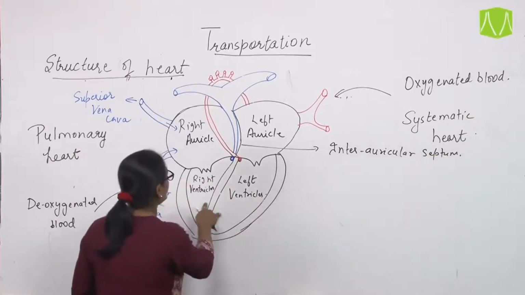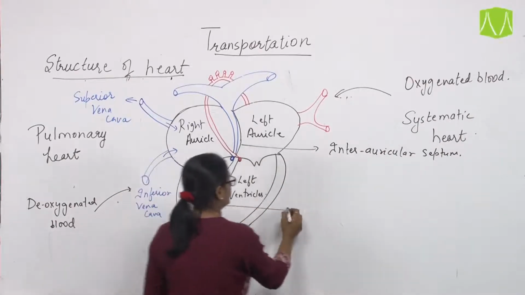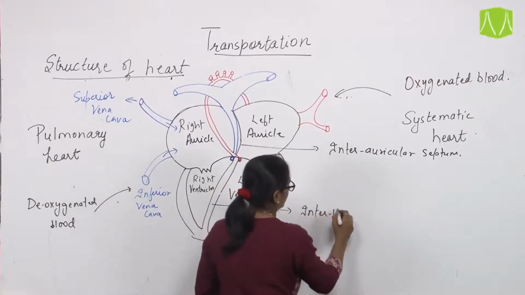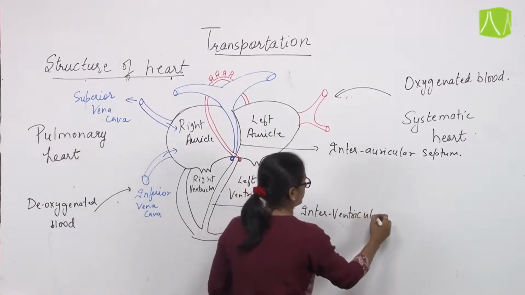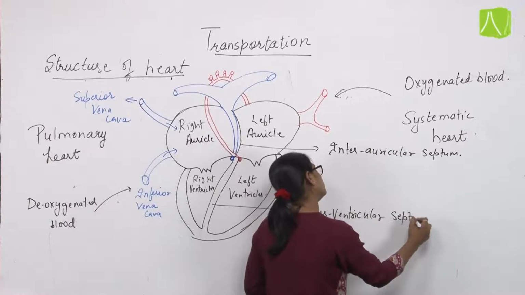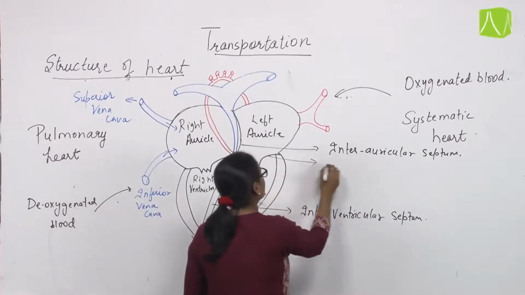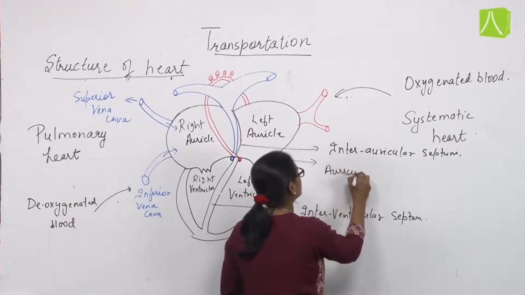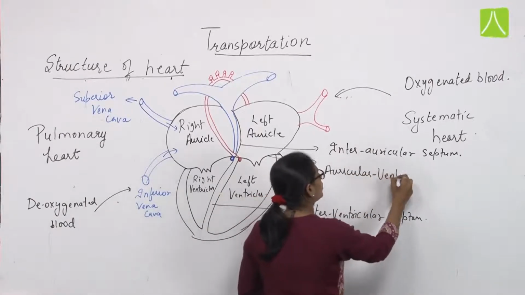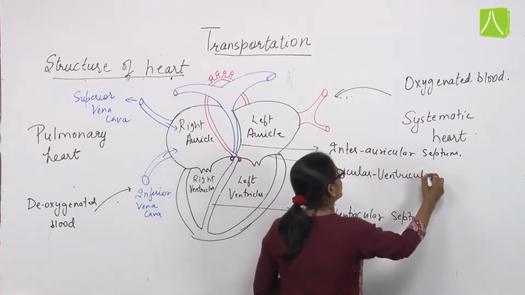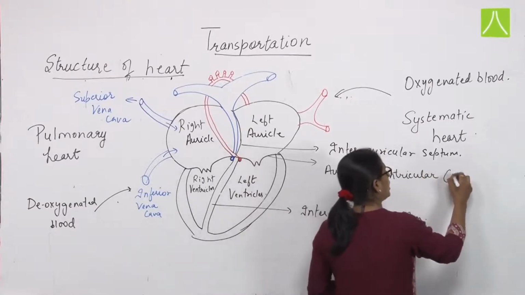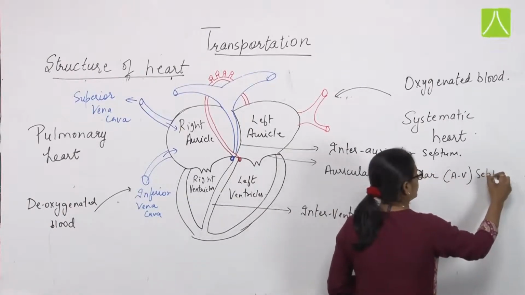Similarly, in between the two ventricles, we have the septum known as the interventricular septum. And in between the auricles and ventricles, we have the auricular ventricular, that is, you can say AV septum.